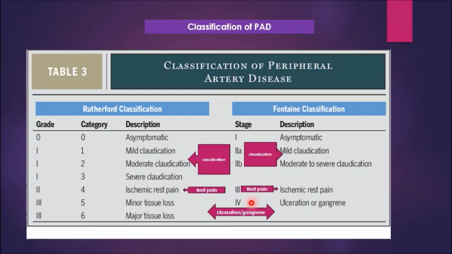As the disease progresses, the claudication becomes more severe until it develops rest pain, where even at rest the patient gets pain. Lastly, the most severe form is when there's tissue loss, with ulceration or gangrene setting in with sepsis. So basically, 4 stages, as I mentioned in my earlier slide.